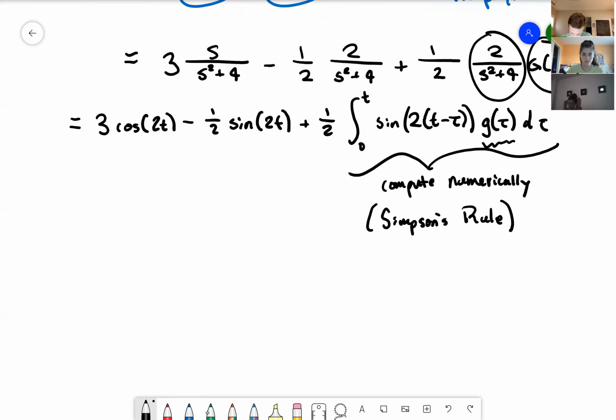Something which is very difficult to do symbolically is very easy to do numerically. The situation with a derivative, on the other hand, is exactly the opposite. We think of derivatives as being easy to do. Numerically, they're much more difficult. Anyway, I think that's an interesting phenomenon.